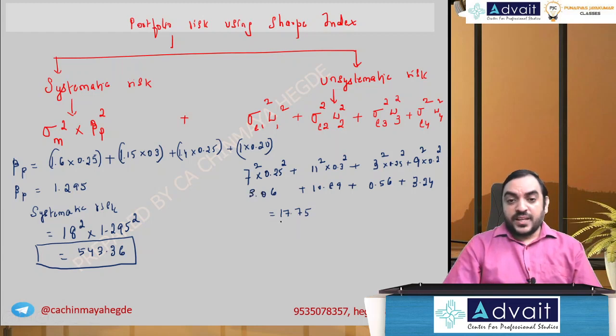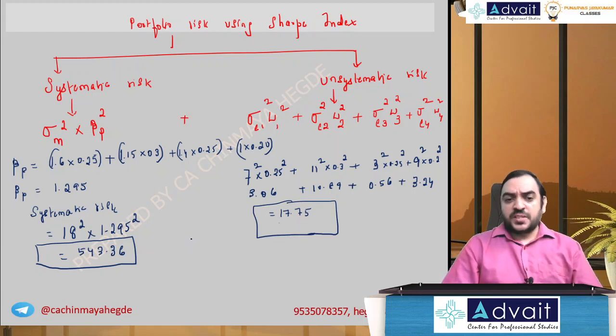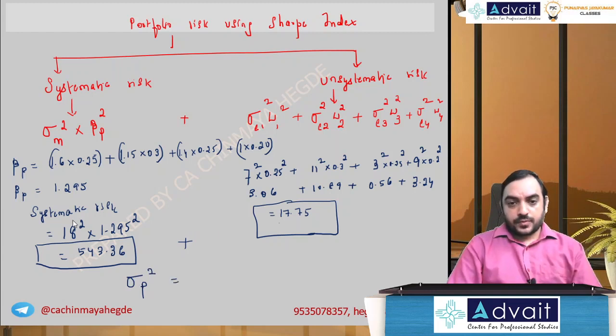Okay. So 17.75 is the unsystematic risk. Systematic risk we got 543.36. Unsystematic risk we got 17.75. So total risk, if I add both, that is portfolio variance using Sharpe index, 543.36 plus 17.75, 561.11.